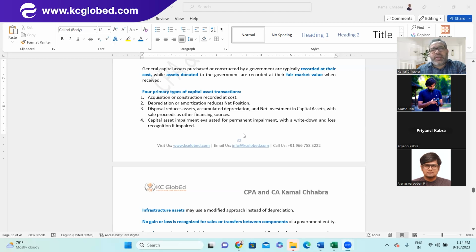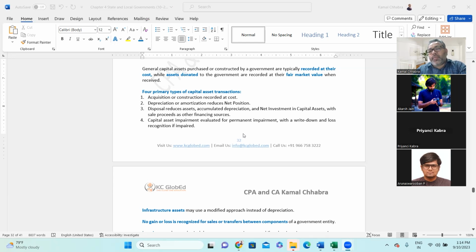That means if you are selling any asset, you will be reducing that from the fixed asset register, you will be reducing the accumulated depreciation, and the amount which you are receiving is being netted off against the respective investment. Fourth one is capital assets impairment, evaluated for permanent impairment, that is impairment loss recognition, which you will be doing at each year end or period end.